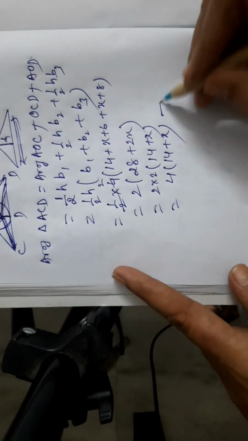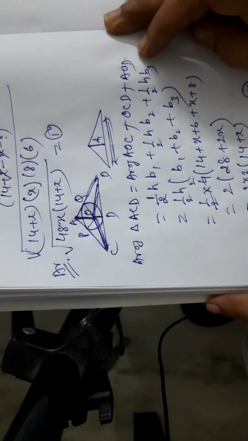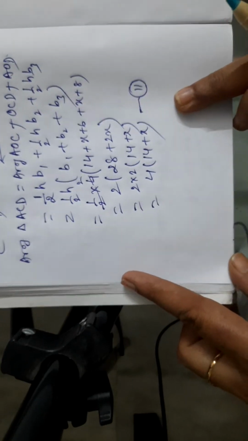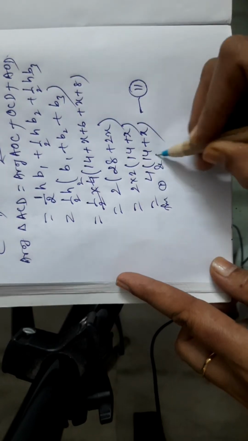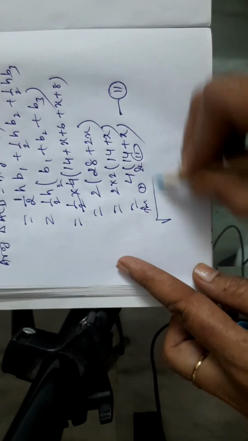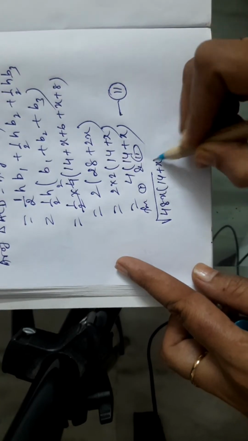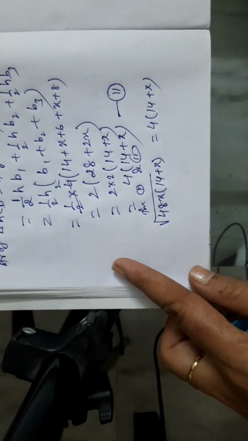Now we are going to compare both the areas. In the first case we got area as root over 48x, 14 plus x. In the second case we are getting area as 4, 14 plus x. Now compare them from 1 and 2. Root over 48x, 14 plus x is equal to 4, 14 plus x.